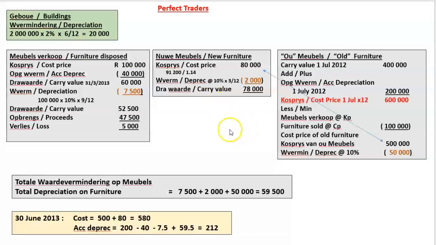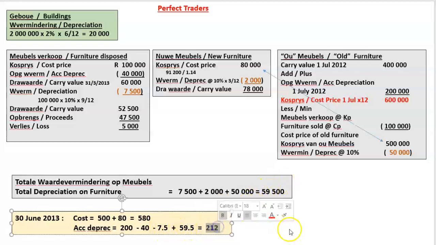Our accumulated depreciation at the end of the year was the 200,000 as at the beginning of the year, less the 40,000 that was sold, less 7,500 because that was included in the 59,500 depreciation charge for the year, plus the 59,500 which was the depreciation charge for the year.